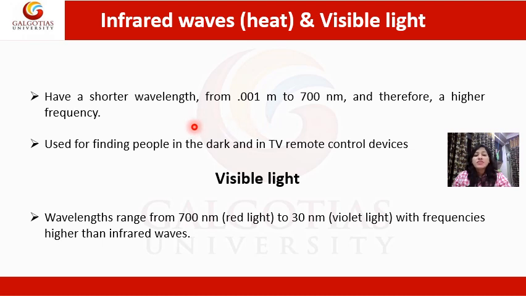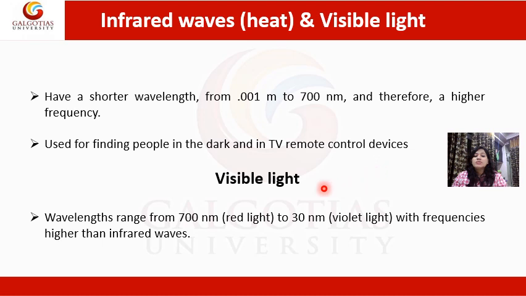Its shorter wavelength is from 0.001 meter to 700 nanometer, and therefore a higher frequency. These shorter wavelengths are the ones used by your TV remote control. Far IR waves we experience every day in the form of heat, the heat that we feel from the sunlight, a fire or a radiator.